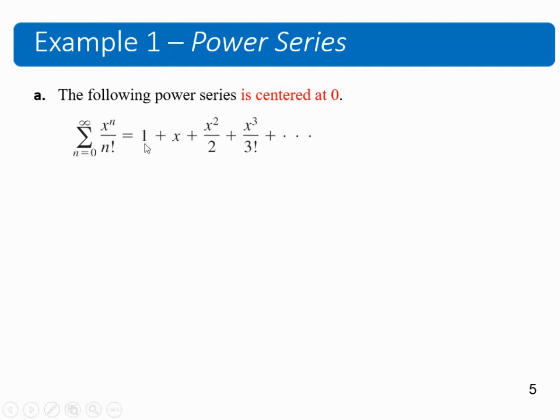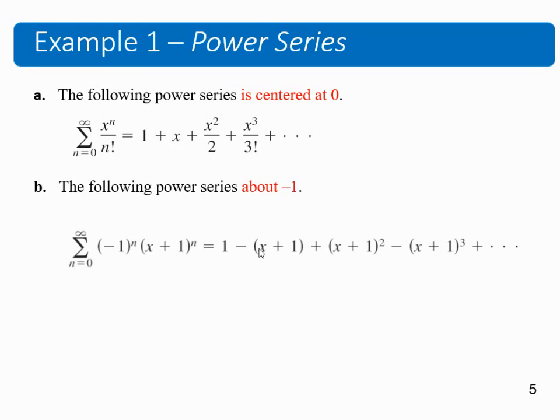So here you have 1 over 0 factorial, which would be 1. And then here it would be 1 over 1 factorial, which would also be 1. Here it would be 1 over 2 factorial, which is 1/2, and then it goes on. But this one is centered at 0.